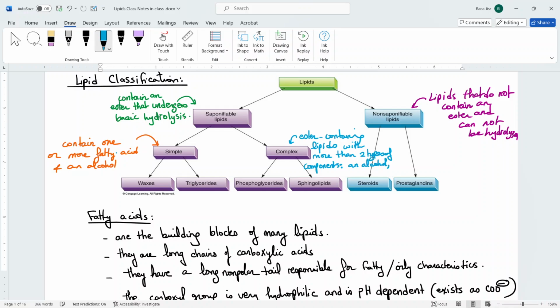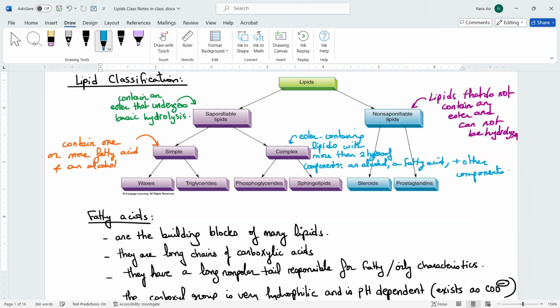So the alcohol and the fatty acid are a must, but in addition to this is why we call them complex, because with simple, you have a fatty acid and the alcohol. But with complex, you have the fatty acid and the alcohol, plus other components.